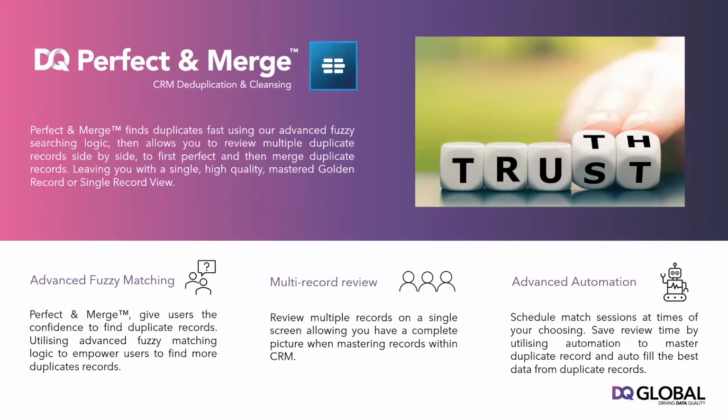So just to introduce Perfect and Merge, which allows CRM users to find duplicates and then bring records to a review process so that they can decide which records need to be kept and which records need to be merged, ultimately leaving you with a single golden record, which is what we were speaking about just a moment ago.